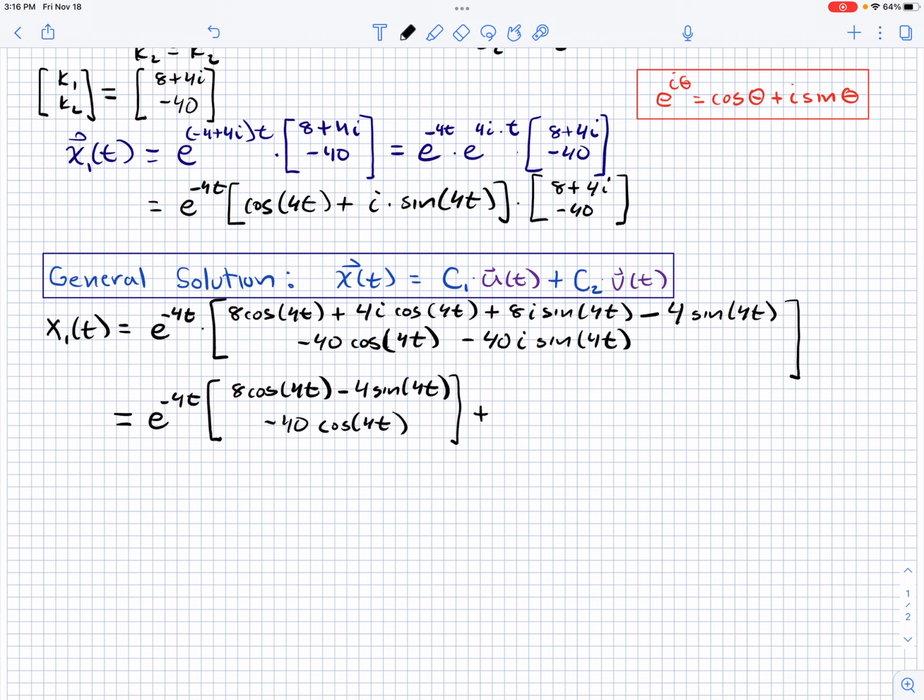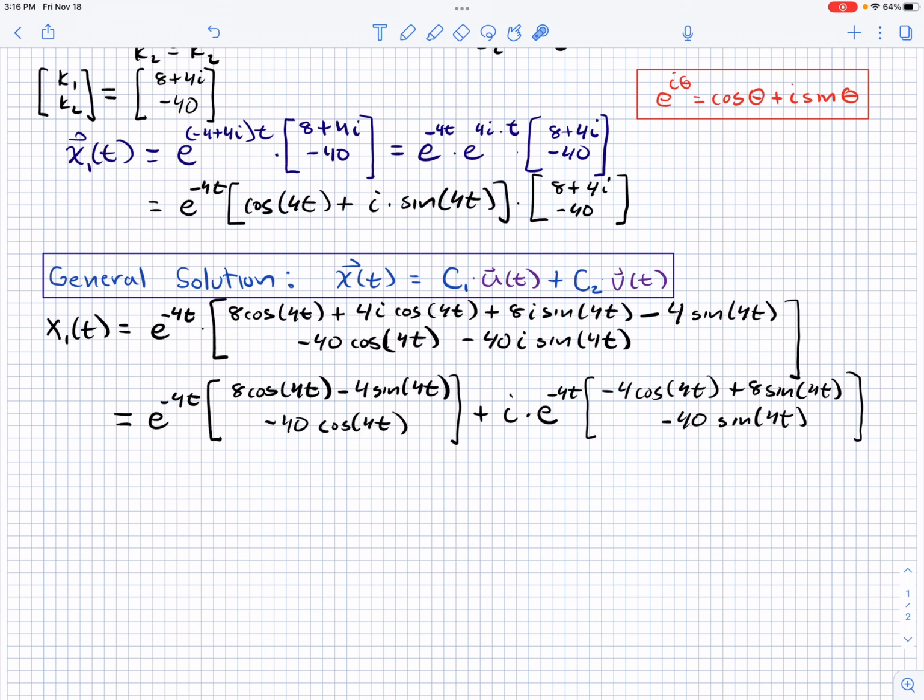And that is added to i times e to the negative 4t with negative 4 cosine 4t plus 8 sine 4t, and that's a negative 40 sine 4t on the bottom.